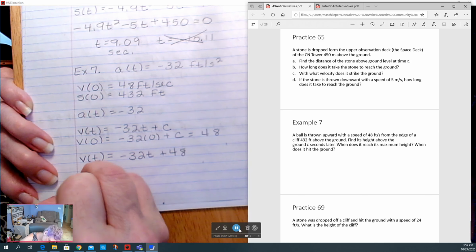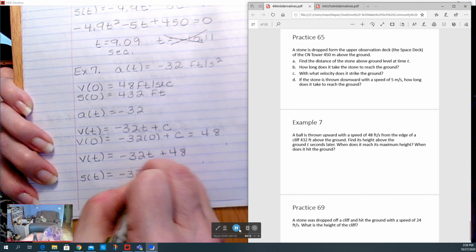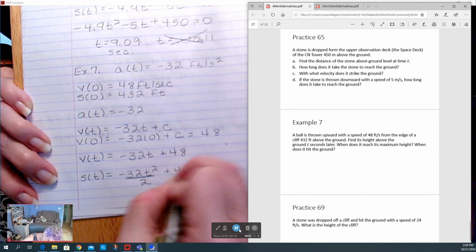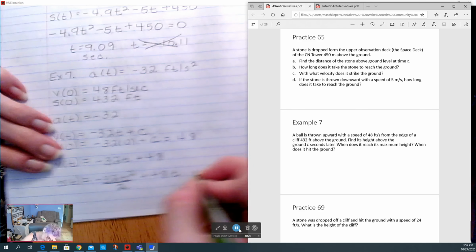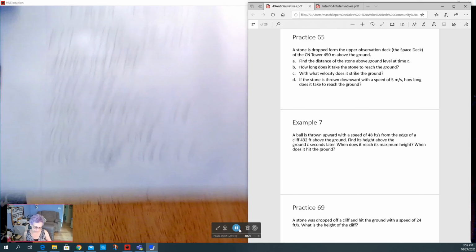So my position function is negative 32, add 1 to the exponent, divide by the new exponent. 48 gets to have a t, and we have a constant.